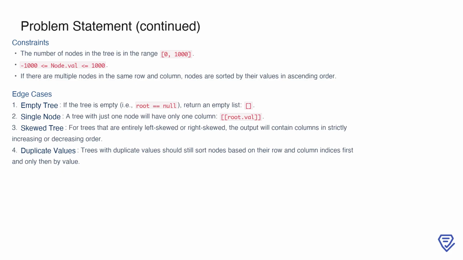In the case of a skewed tree, where all nodes are either to the left or to the right, the output will consist of columns in strictly increasing or decreasing order. Additionally, trees with duplicate values must still follow the sorting rules based on their row and column indices first and only use the node values as a tiebreaker. These constraints and edge cases ensure that the solution handles a wide variety of input scenarios correctly.